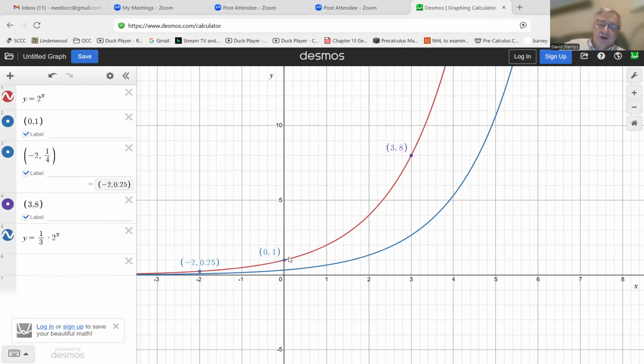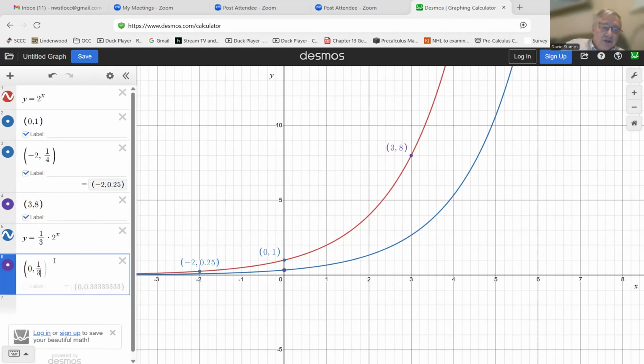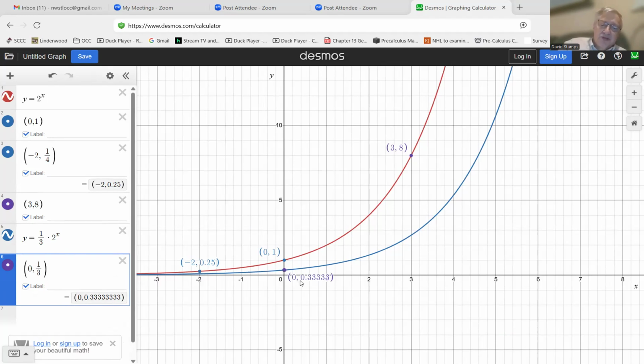So our original point here at 0, 1, the y value here is 1, but by multiplying by 1/3, the y value is reduced to 1/3. So if I label that point, when x is 0 on that blue graph, y is 1/3. You can see it there. That's this point here. So that's 1/3, which is 1/3 of what it was previously.